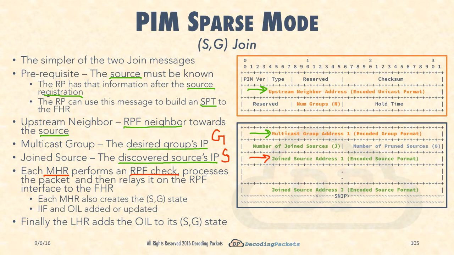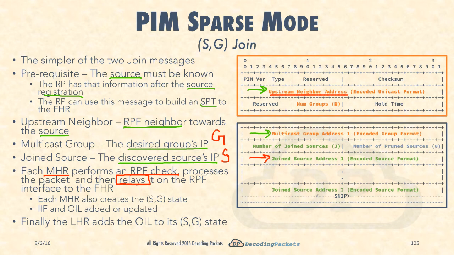And although I say that it relays it to the RPF neighbor, so it relays it on the RPF interface towards the first hop router because the journey of the packet must continue, you have to realize that when I'm saying relay, it's actually a brand new message, because the upstream neighbor address would be different for each MHR, each middle hop router.